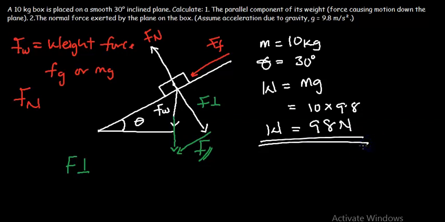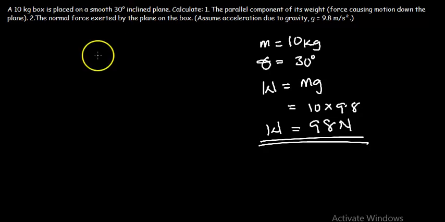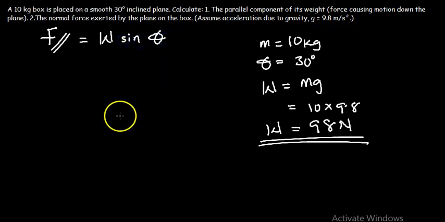The second thing we need to do is to calculate the components. We're going to start with the parallel component, which is F with the double line. Notice that our parallel component is going to be W sine theta, where W is 98 newtons multiplied by sine theta.